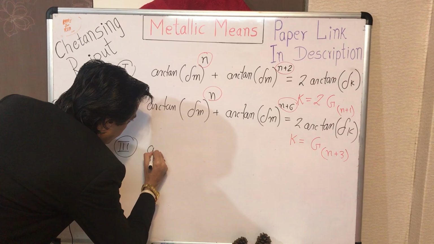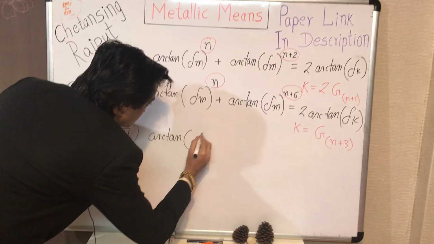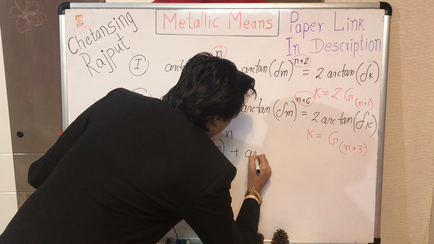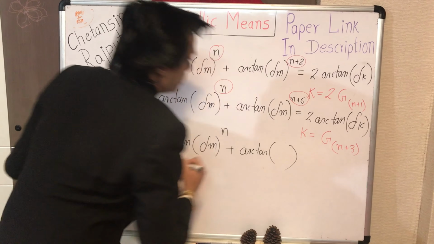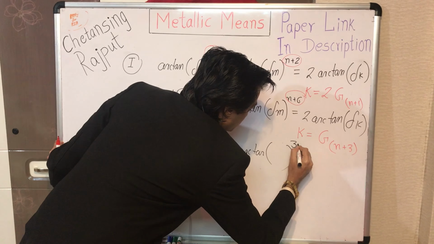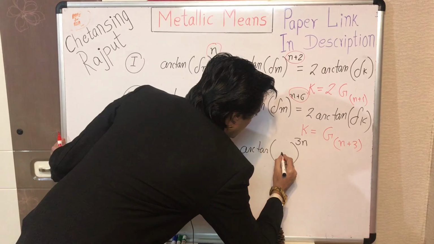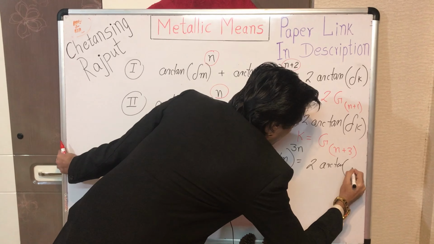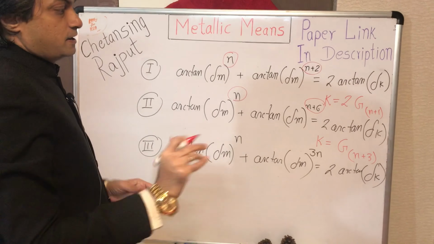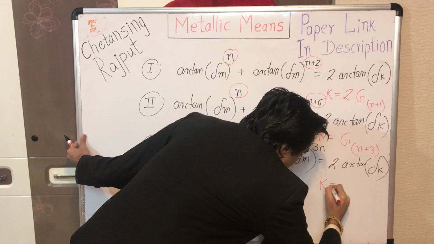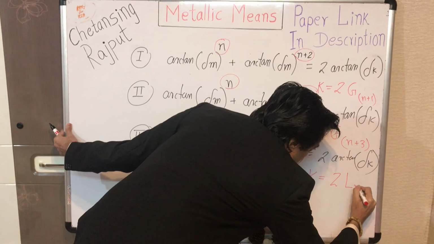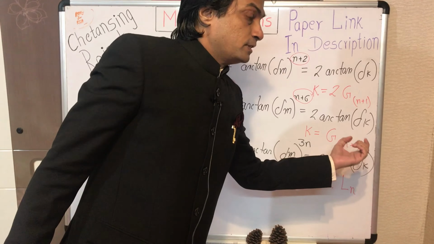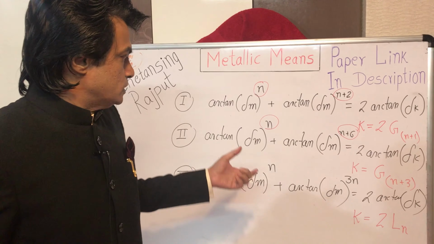In the third formula, we have arctangent of the nth power of given metallic ratio plus the arctangent of thrice nth power, 3nth power of that metallic mean, and it again gives us twice the arctan of delta k, the kth metallic mean, and here the value of k is equal to twice the nth term of corresponding Lucas sequence. Lucas sequence means that particular Lucas sequence associated with given metallic ratio.